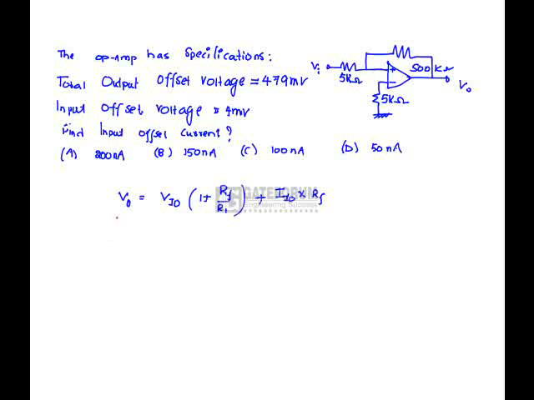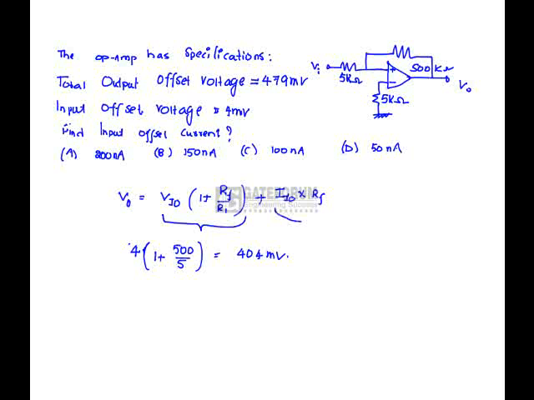Here, the input offset voltage portion, if we compute it, is 4 millivolts times (1 plus 500 by 5), which is nothing but 404 millivolts. That means the output offset voltage because of the input offset voltage is 404 out of 479.